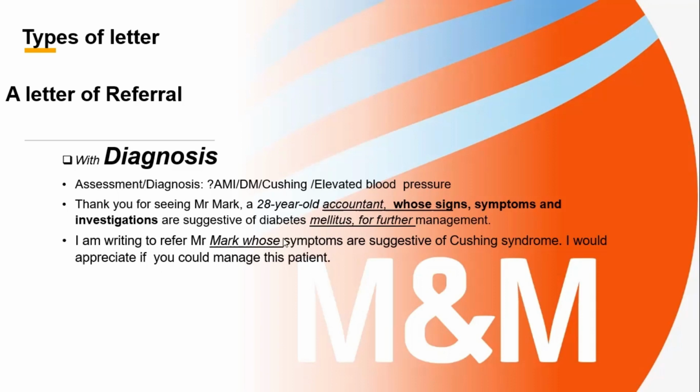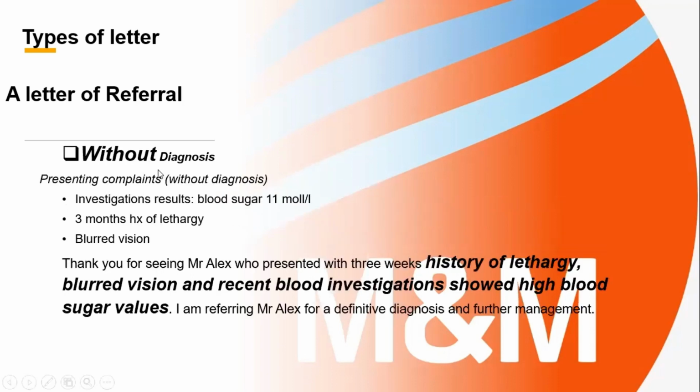Followed by the second point. Now we can see the second point, a letter when we have to write without diagnosis. When we are writing a letter without a diagnosis, there is a symptom or history being given. We have to write that letter without diagnosis, right? Then it's a letter of referral without a diagnosis.